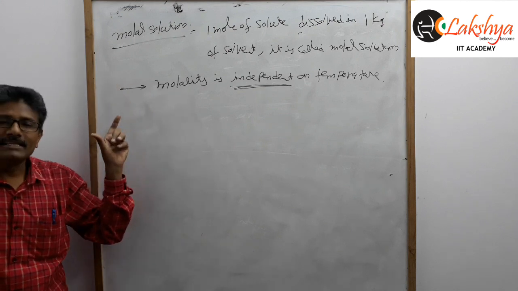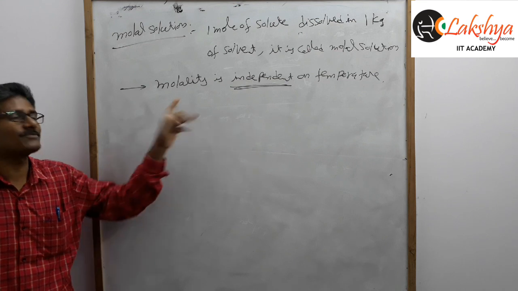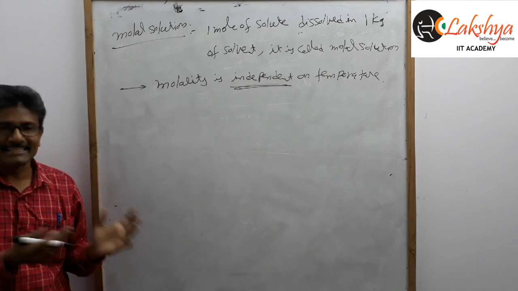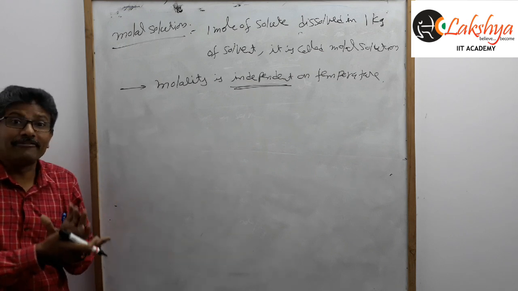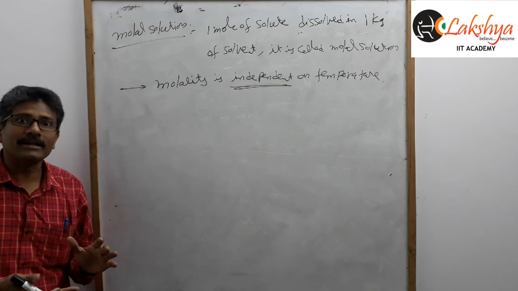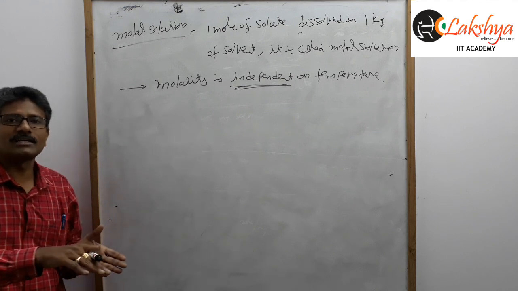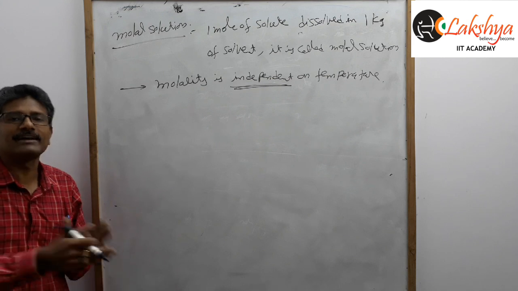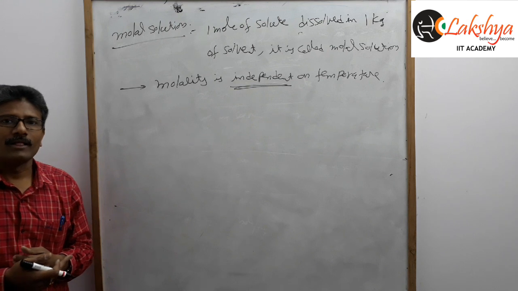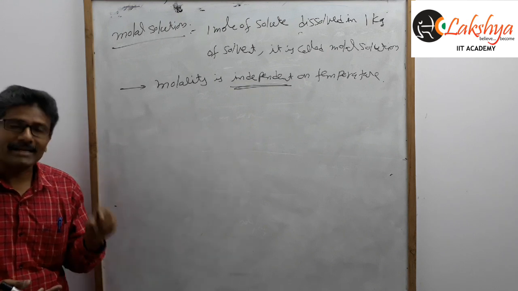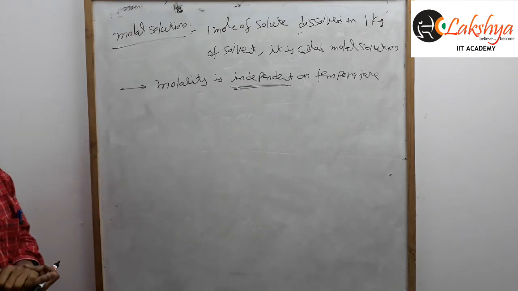This is the most inconvenient method for expressing concentration of solution, because in the calculation of molality, we need the weight of solute and the weight of solvent also. Directly we can't weigh it. The solvent is taken in a vessel and weighed. After dissolution, the solute is removed and weighed. Then we can calculate the weight of solvent. It is very difficult, but it is an accurate method for expressing concentration of solution.